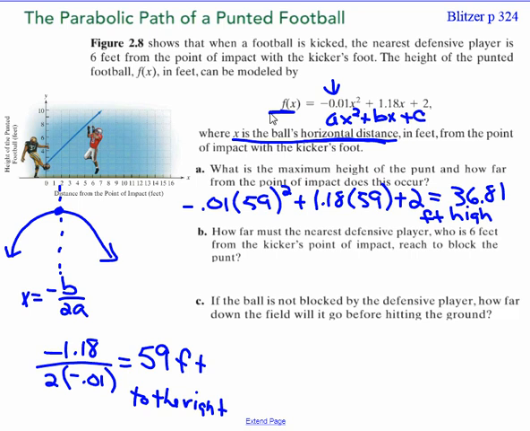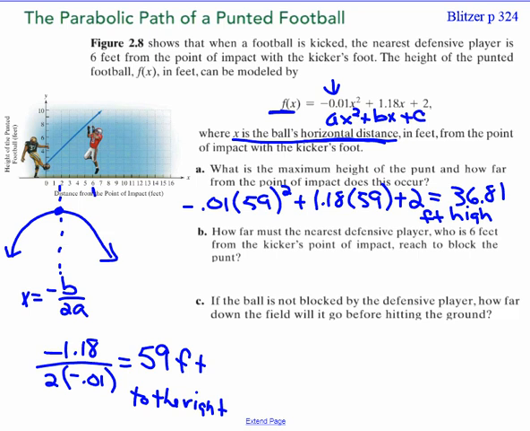Now we are making a big assumption here that the kick is not blocked, because there's that defender 6 feet away trying to block it. So I want to know, how high will that defender have to reach to block the punt? So again, I have to think about, what am I given and what am I trying to find? The 6 right here is the x coordinate, and how high he has to reach is the y.